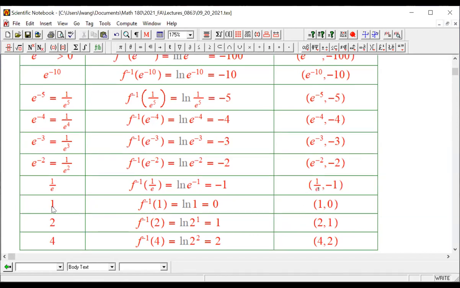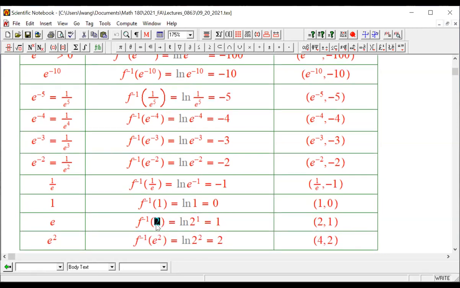It's really a minor change, isn't it? One stays because ln 1 is still equal to 0. And this guy, I'm going to change it to e, and this guy, I'm going to change it to e to the power 2. e squared. e. e. e. e squared.